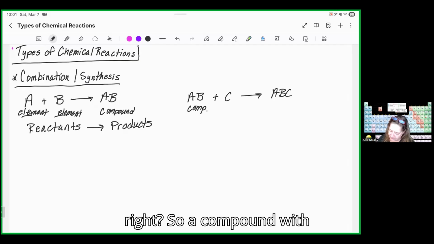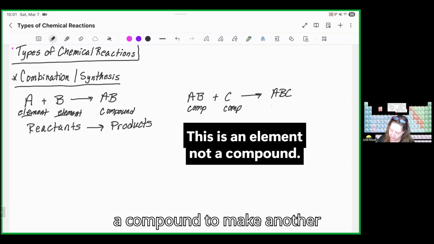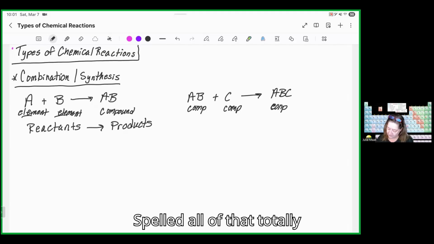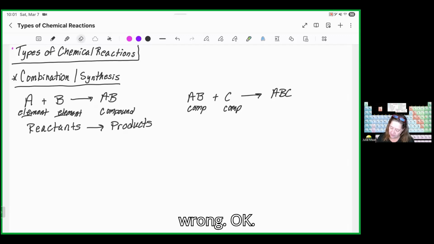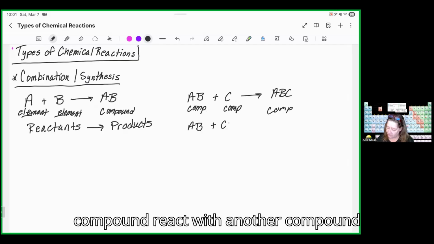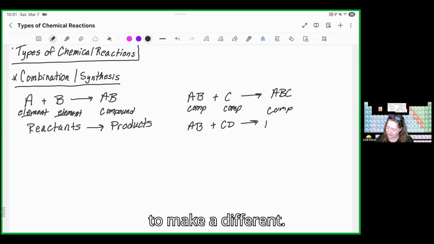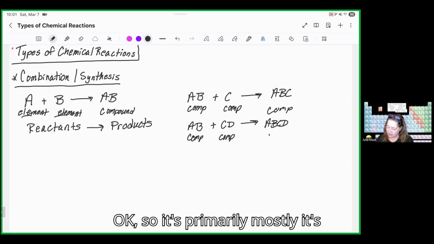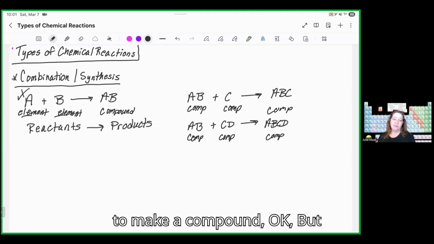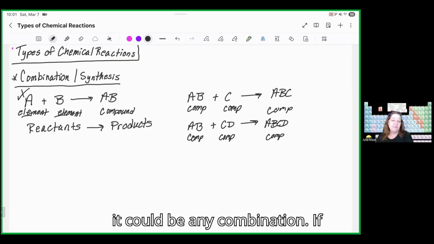So a compound with a compound to make another, different compound. Mostly, it's an element reacting with an element to make a compound, but it can be any combination.